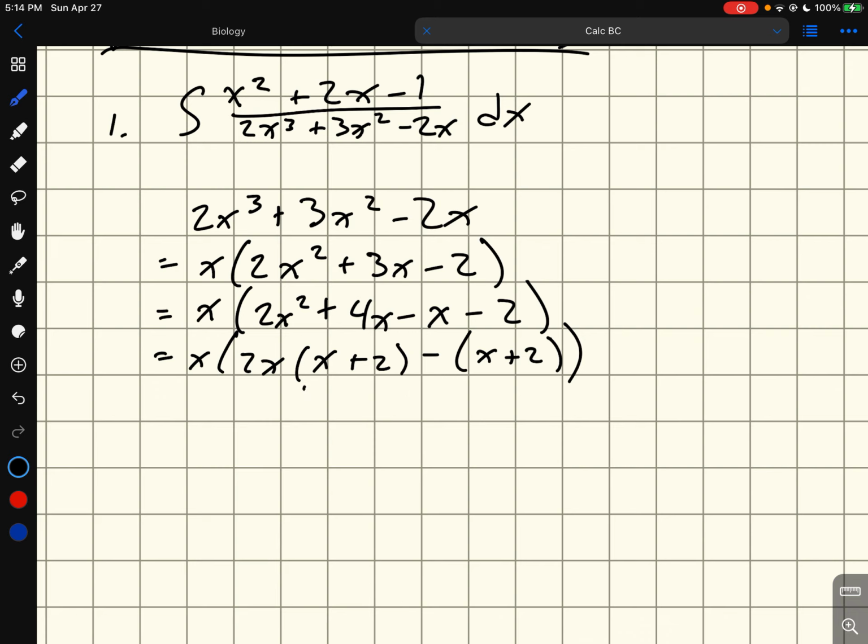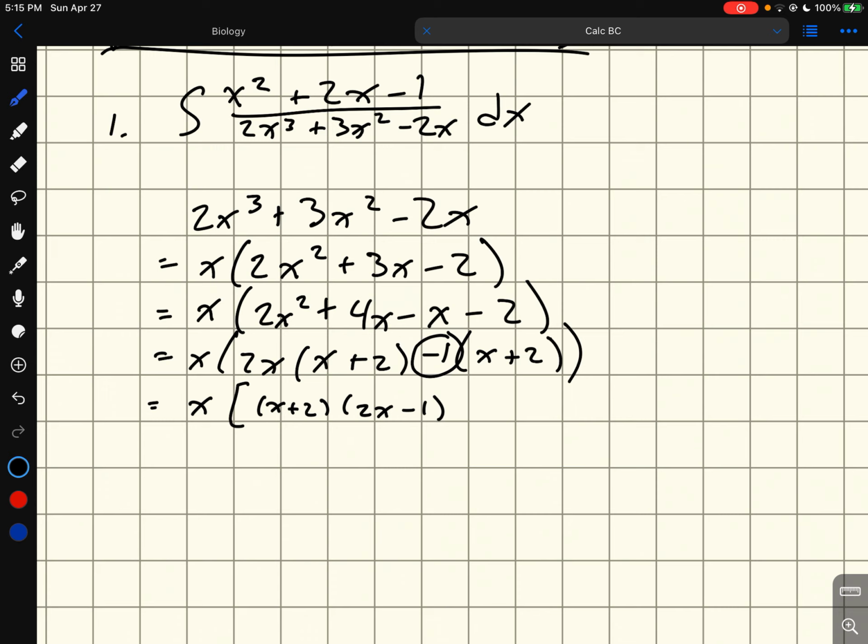And then you see how this is an x plus 2 and this is an x plus 2? So we're going to factor an x plus 2 out of this term, this term, and this term. So what we get is x, and we have our x plus 2, and then we have our 2x minus 1 from this, and this minus 1 right there.